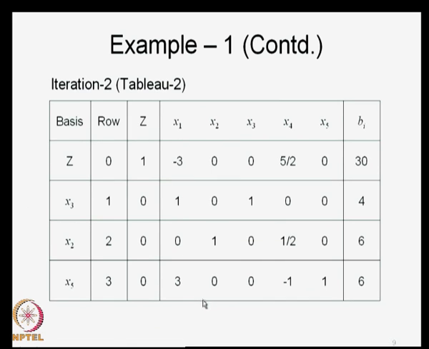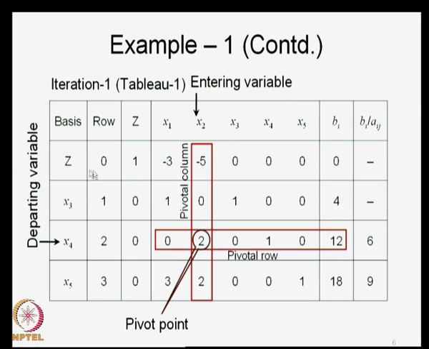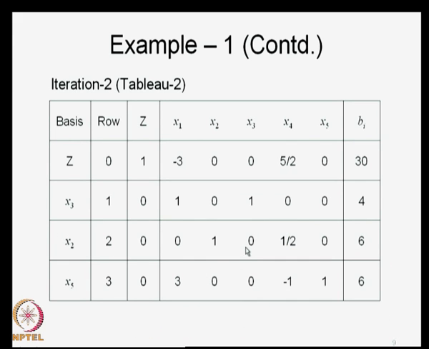In the first tableau, iteration number 1, you look at the solution, x1 was 0, x2 was 0, because these were your non-basic variables which were set to 0. Then we went to iteration 2. In iteration 2, what was the solution? You got x2 is equal to 6, but x1 was still 0, because it is still a non-basic variable. So, x2 is equal to 6 and x1 is equal to 0 was the solution.